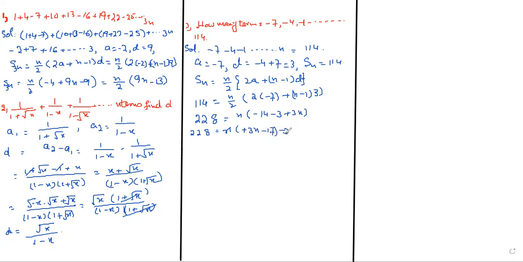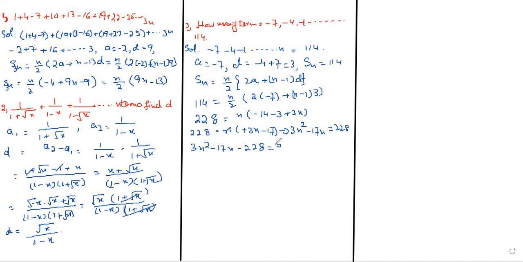This implies 3n square minus 17n equals 228. So it is the quadratic equation: 3n square minus 17n minus 228 equals 0.